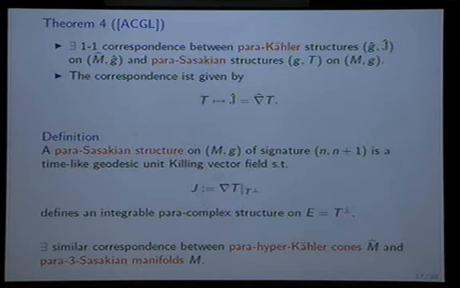So it is Kähler in 3 different ways, and there's an analogous notion of para-hyperkähler manifolds where instead of having 3 complex structures you have 2 involutions, and the product of these 2 is a complex structure. So it is related to the group SL2 instead of SU2. And there's an analogous notion of para-3-Sasakian manifold, and we have a correspondence between para-3-Sasakian manifolds and para-hyperkähler cones.